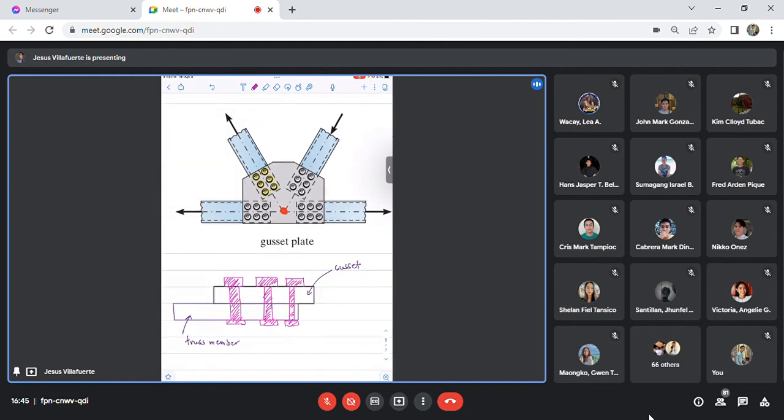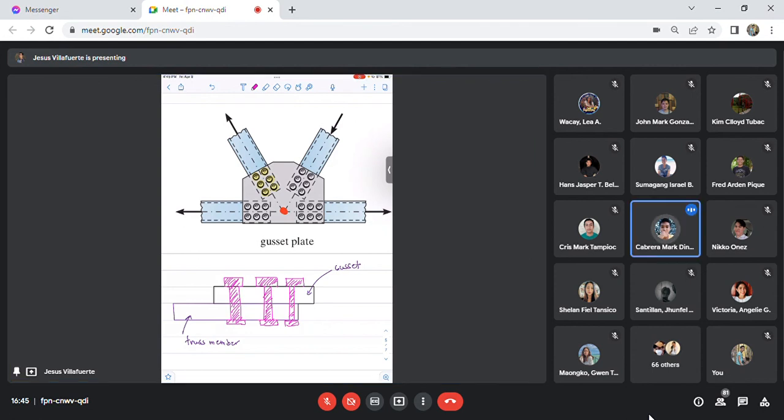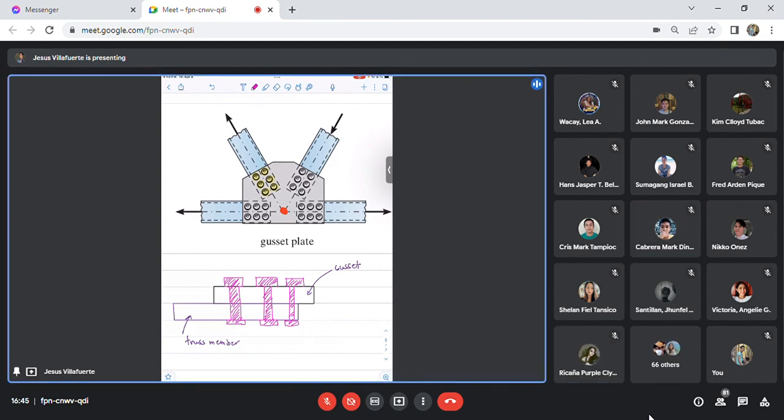Where does it occur? At the middle of the bolt. These stresses develop there because at this point our section cuts through the bolt. Right? Yes, sir.